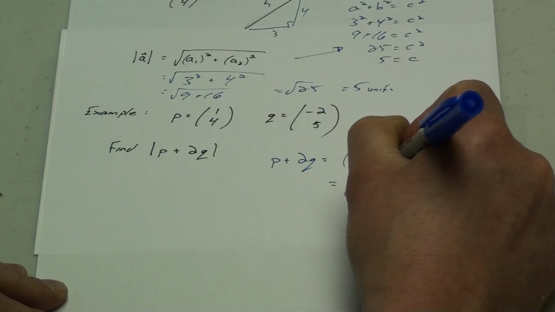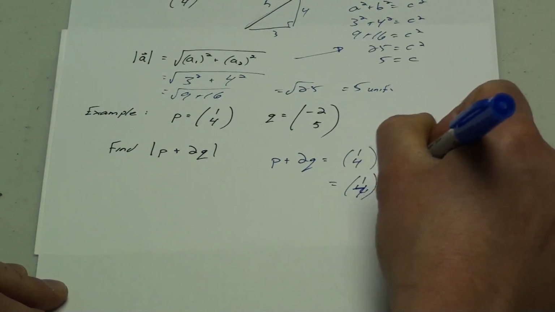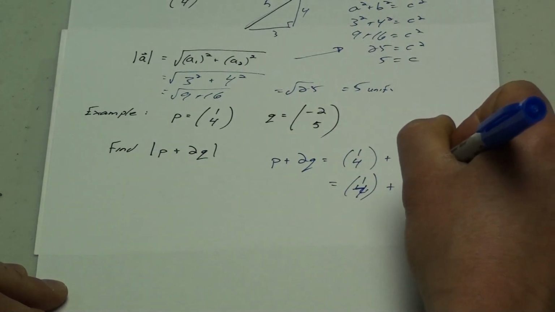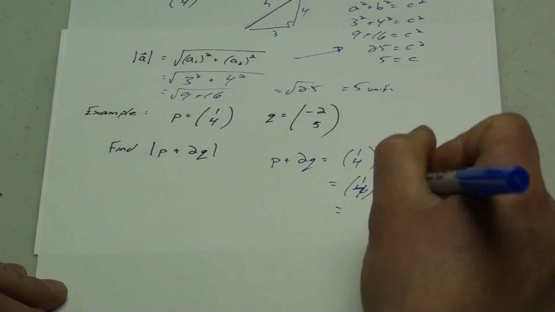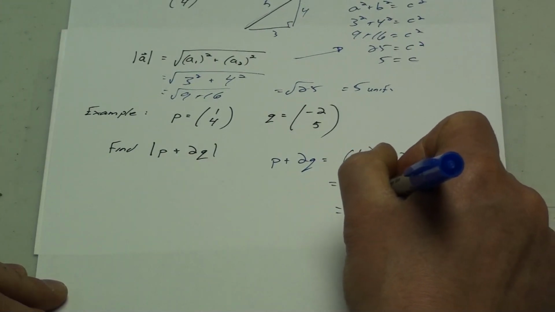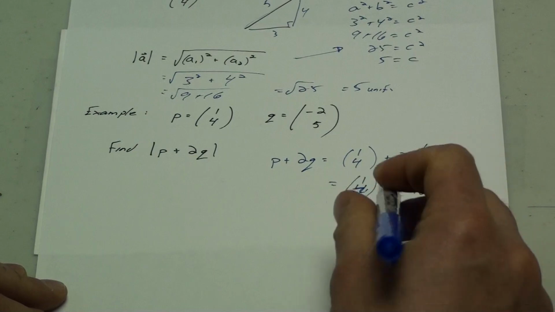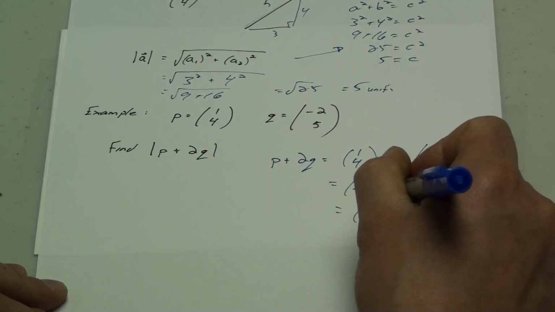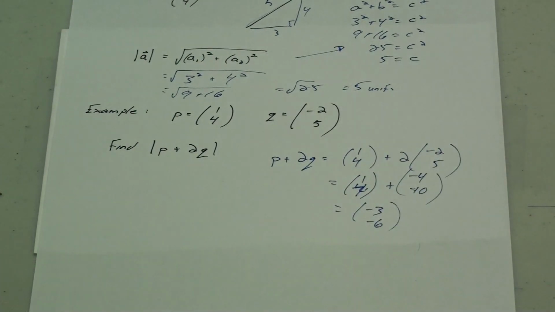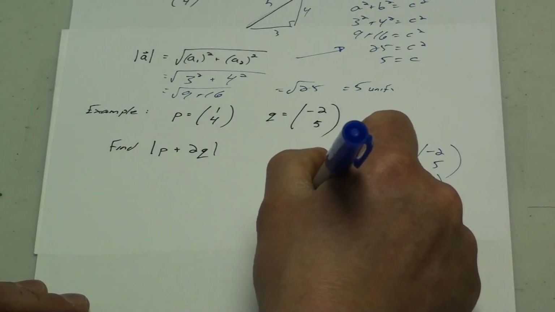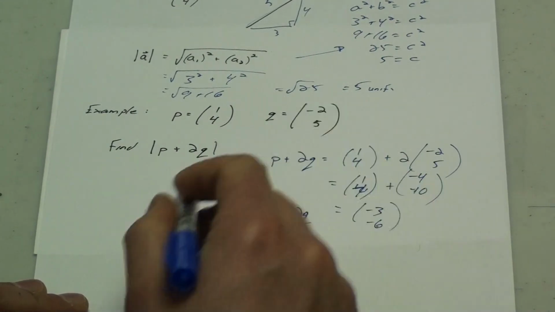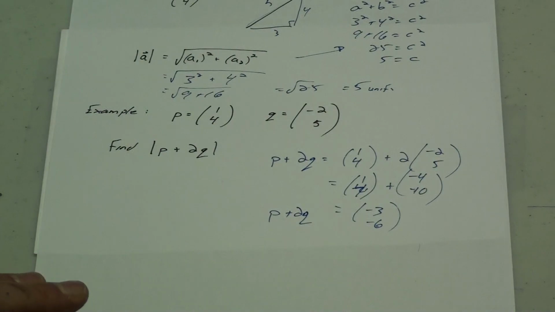So I have 1, 4 plus negative 4, negative 10. Add them up. I'm going to get vector negative 3, and I'm going to have vector negative 6. Okay, when I add them up, this is vector p plus 2q. I took 2 times vector q, and I added vector p.